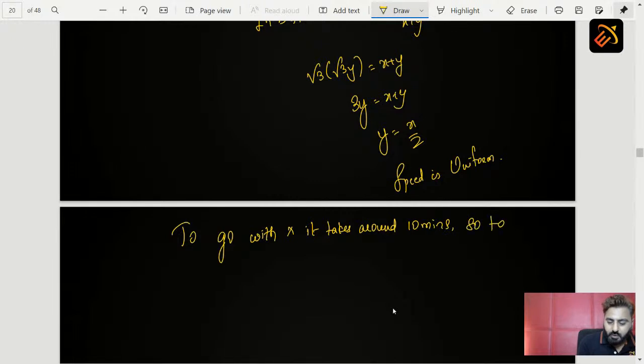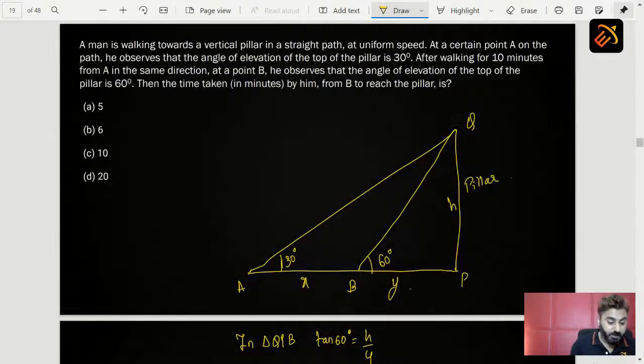So to go x by 2, how much will it take? It will take around 5 minutes. And if it is 5 minutes, students, what is the correct option? So from this we can say that the correct option is none other than option A. End of your sum. So this is how you solve your sums.